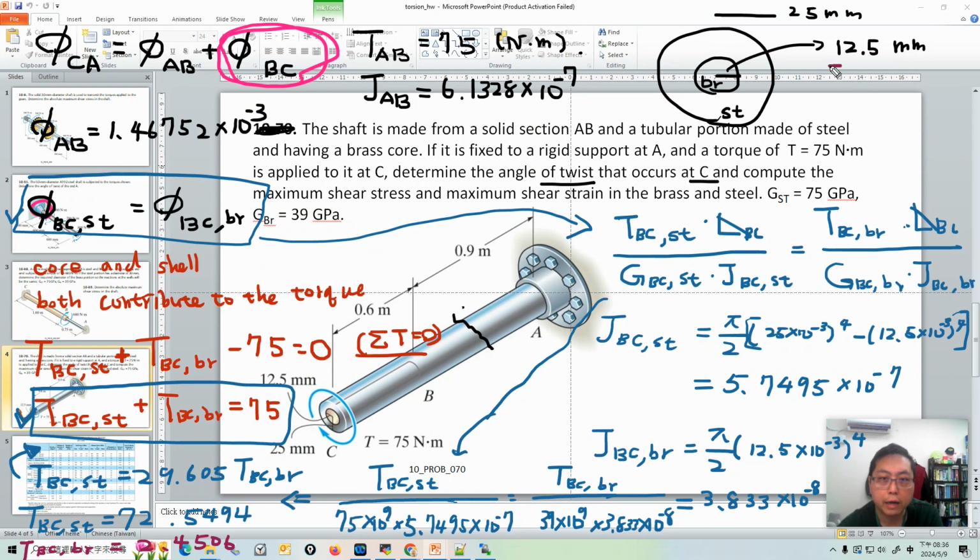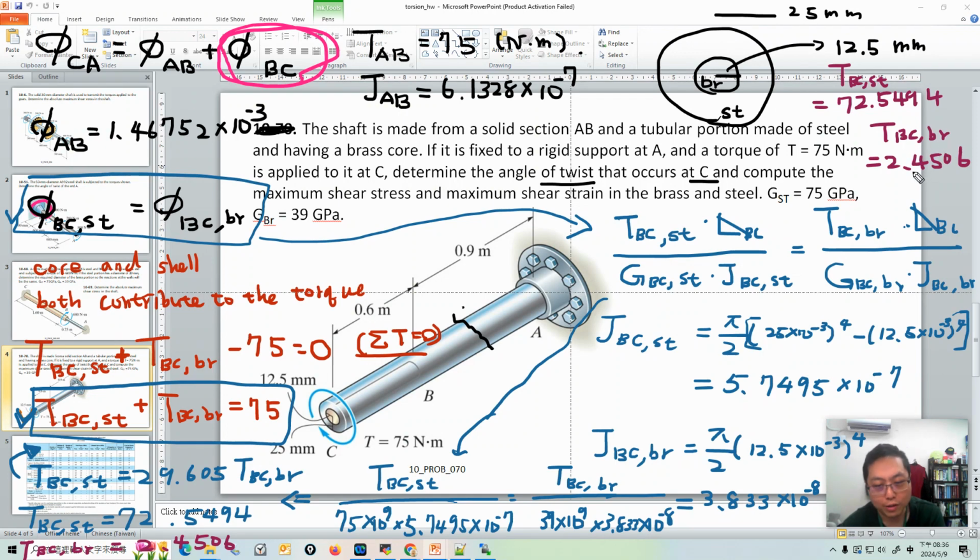So we have T_BC,steel is 72.5494, and the T_BC for the brass, what's the value, is 2.4506. We take lots of effort to solve T_BC,ST and T_BC,BR.